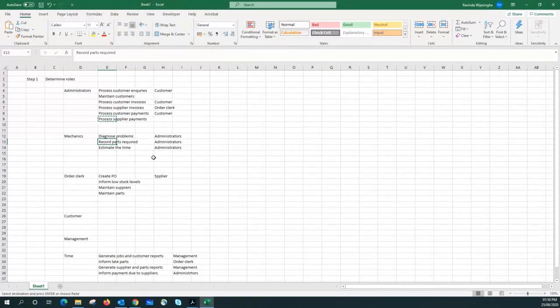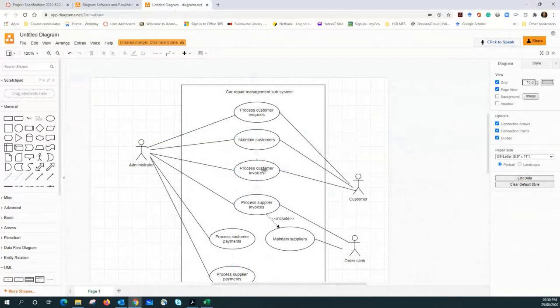Say, for example, the customers, right? When they are trying to pay for the invoices, right? They also want to know what the problem of their vehicle is, right?